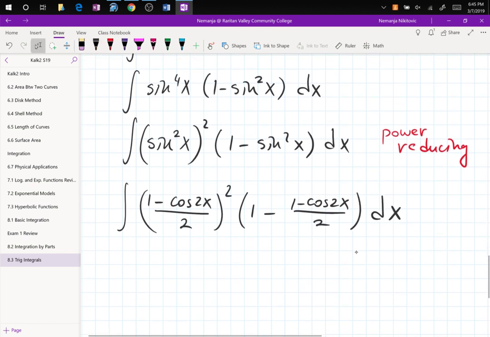That's just a standard power reducing formula, nothing too special.